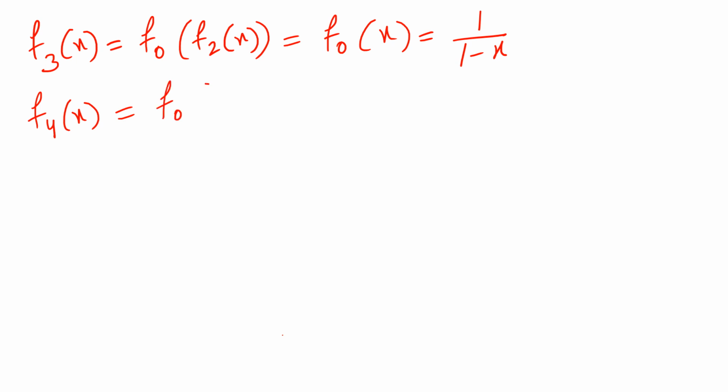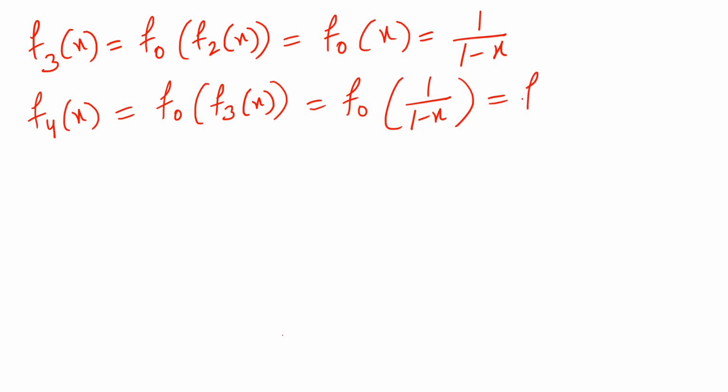It becomes f0 of f3 of x, and this is f0 of 1 upon 1 minus x, which is nothing but f1 of x. We have already found its value, and it is x minus 1 whole divided upon x.